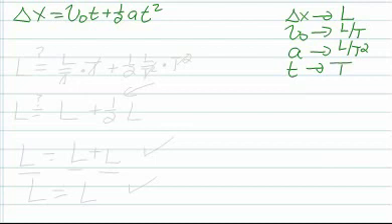Now, to work with dimensional analysis, you always leave one side of an equation alone and work with the other. So here's what we want to do. Let's put in dimensions for each of the quantities.